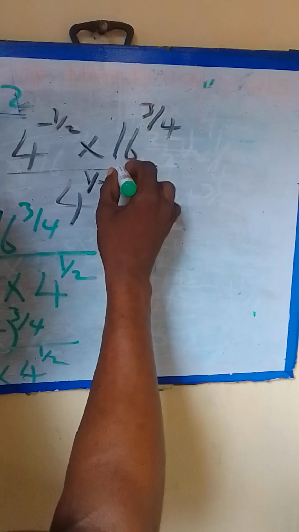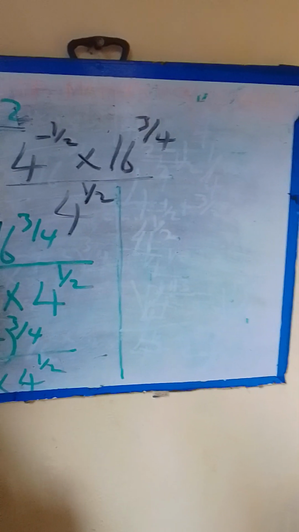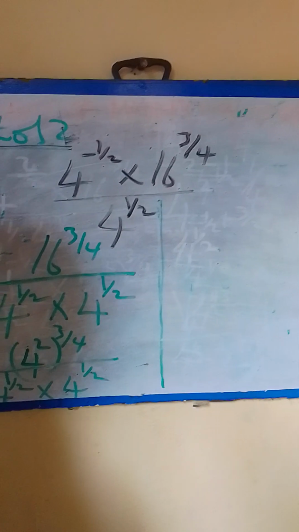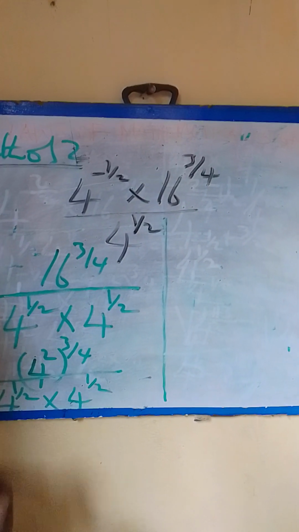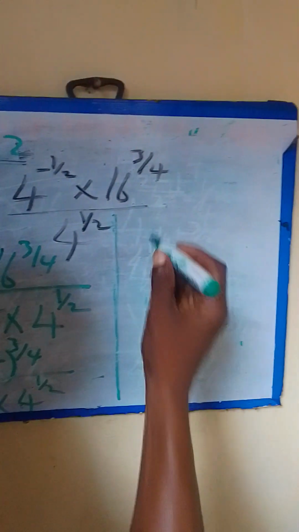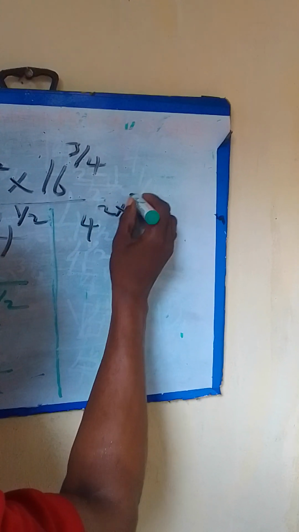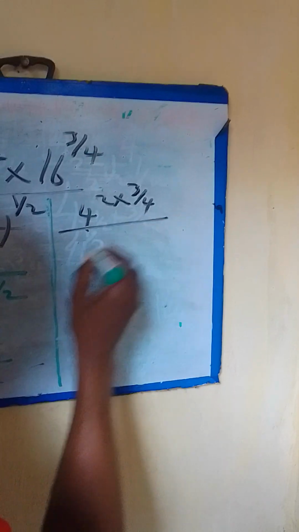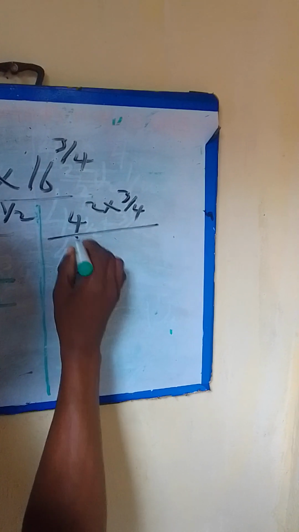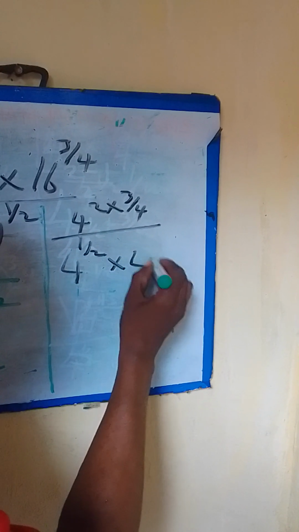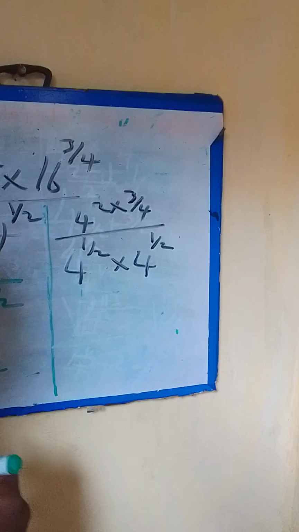Now from here, this means 4 raised to power 2 times 3 all over 4, divided by 4 raised to power half times 4 raised to power 1 all over 2 here.